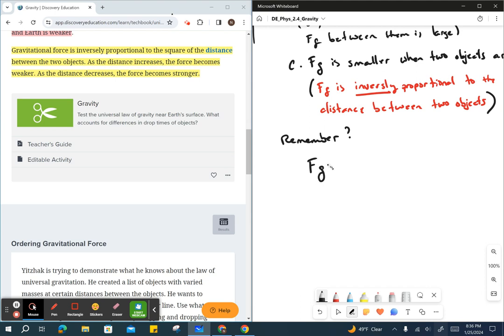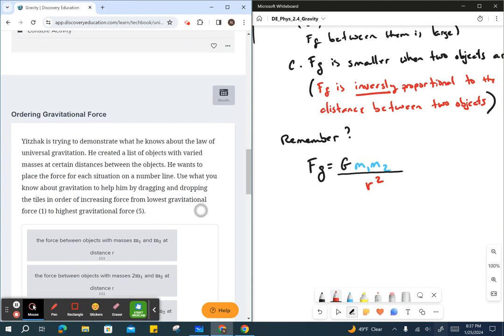Force of gravity is equal to the gravitational constant times the mass of object 1 times the mass of object 2. Those are directly proportional, in the numerator, and they are inversely related to the distance squared. So there's that color coding. I'm sure you remember that. And of course, you remember what the gravitational constant is, right? If not, take a look back in your notes because you have already written that information down.